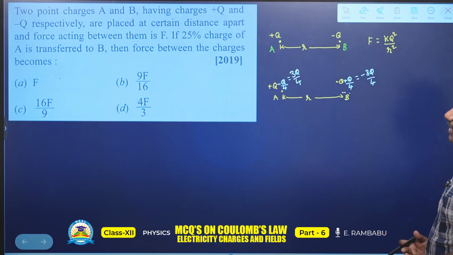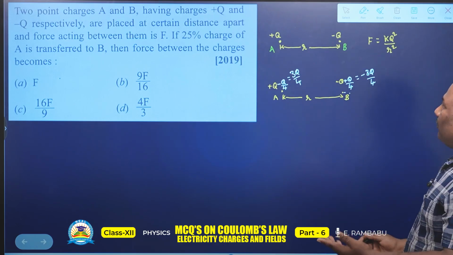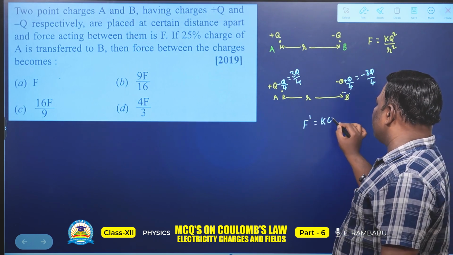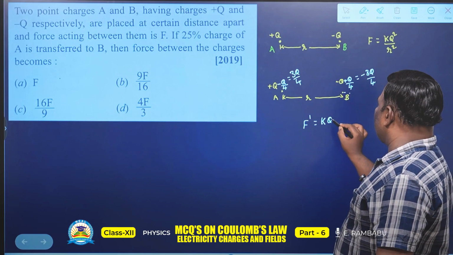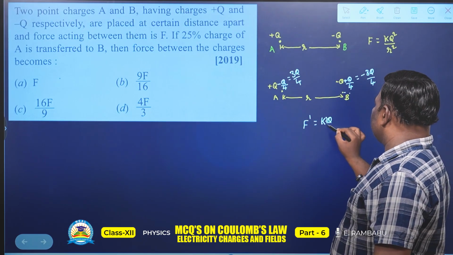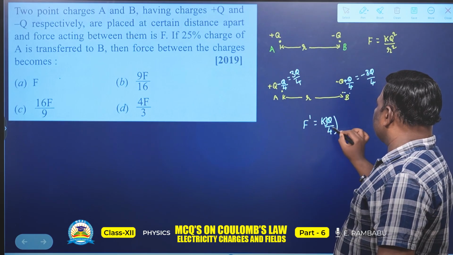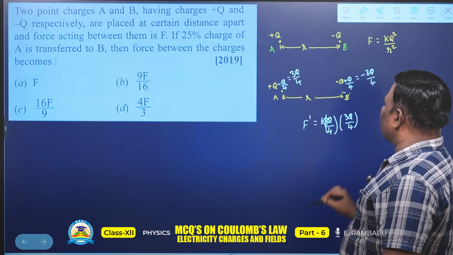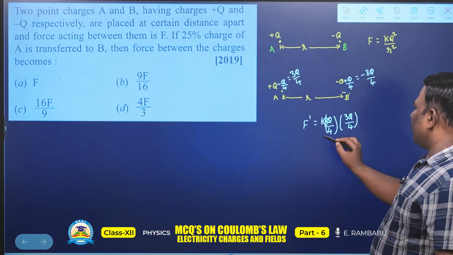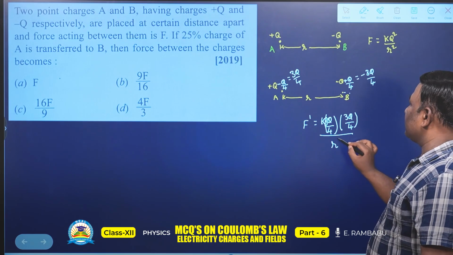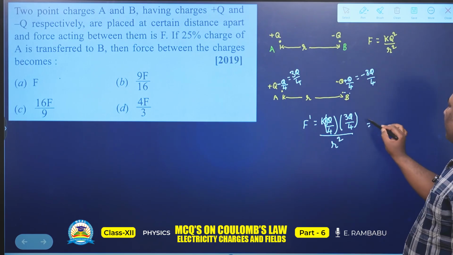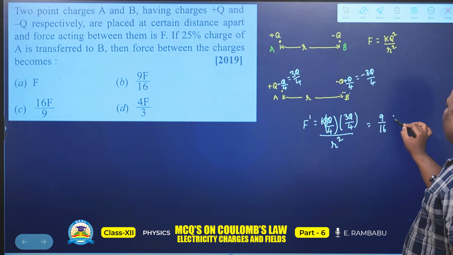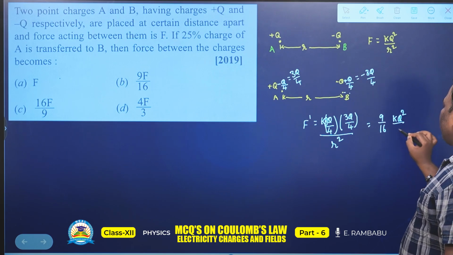Now we are going to find the value of the force. The new force F dash is equal to K into Q1 into Q2, where Q1 is 3 into Q/4 and Q2 is 3 into Q/4. The negative only represents the type of force, but the magnitude is what matters, divided by the distance, which is not changing. Distance is R square. So finally it can be simplified: 3/4 into 3/4 is 9/16, into K into Q square by R square.